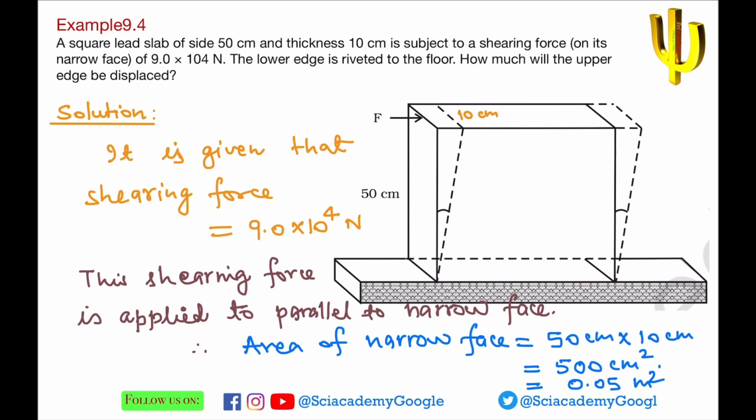So we get the area of the narrow face equal to 0.05 meter square. When we change centimeter square into meter square, we divide this value by 10 to the power 4, because 1 meter is equal to 100 centimeter. By applying that relationship, we can convert it into meter square.